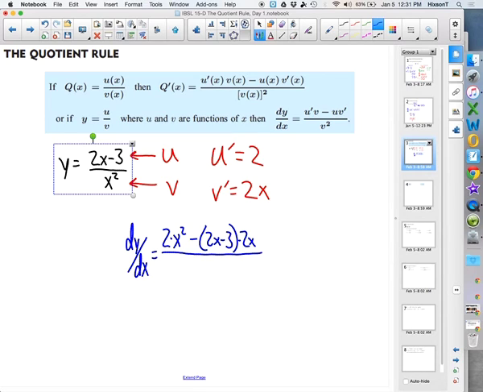This is the part that people will mess up, because they'll forget to square it, especially if it's something like this where it's already an x squared. It's an x squared squared. So we should have x to the 4th in our denominator.